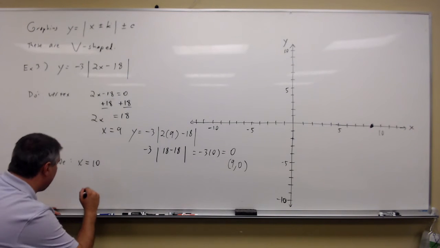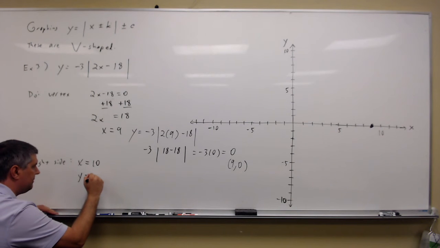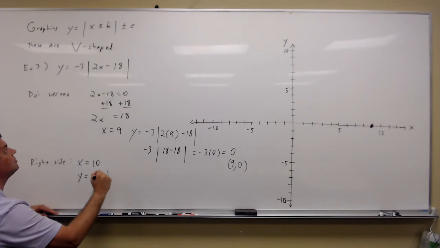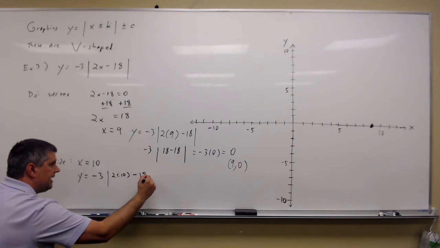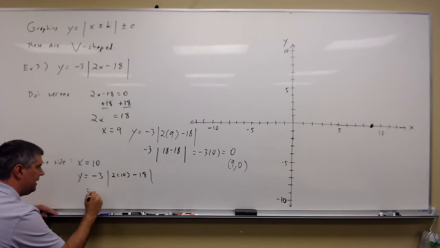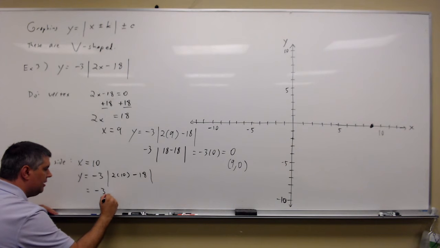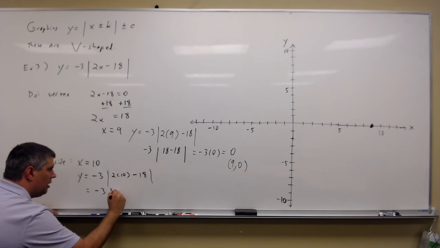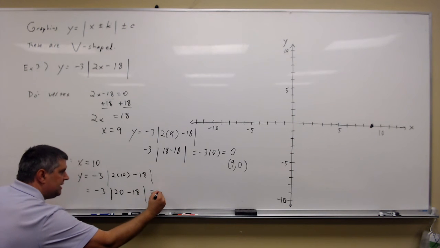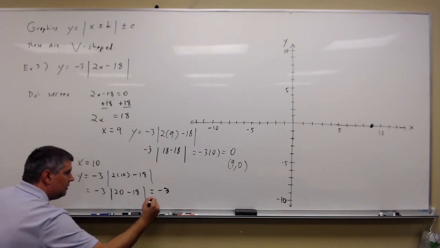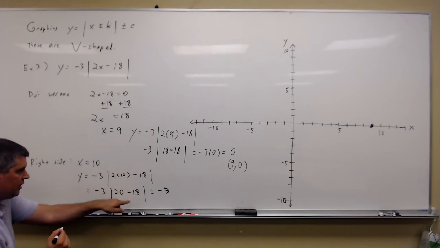So that's going to be y equals negative 3 times the absolute value of 2 times 10 minus 18, which would be negative 3 times the absolute value of 20 minus 18, which is negative 3 times the absolute value of 2.